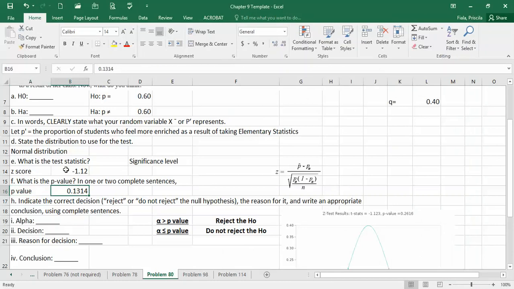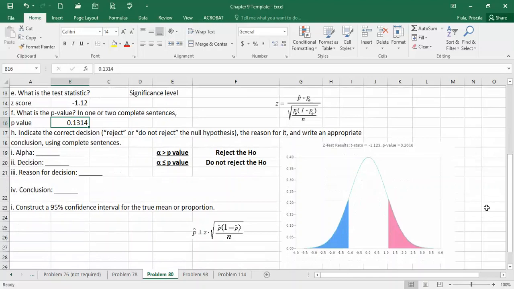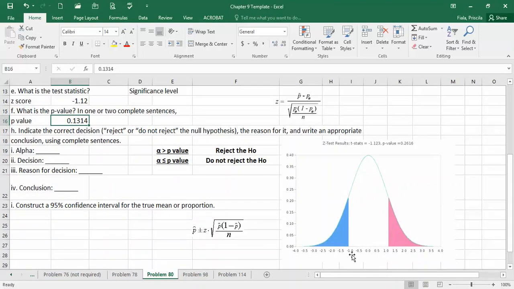0.1314. However, I mentioned this is a two tails, so we want to know everything below the mean, and we want to know everything above the mean, but just for these little portions between minus 1.12 and plus 1.12.